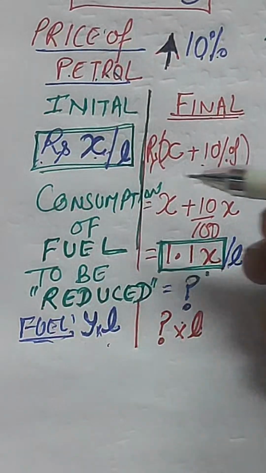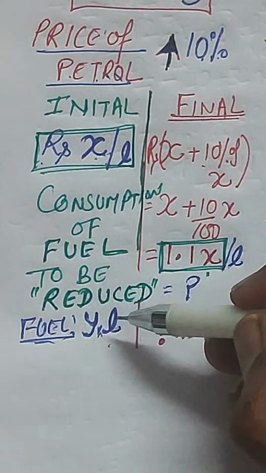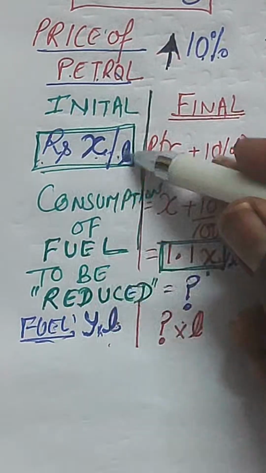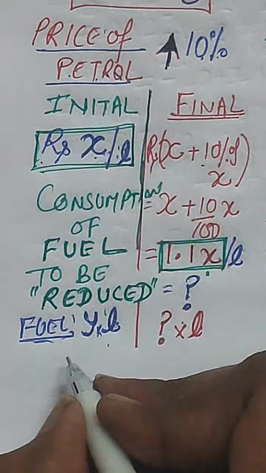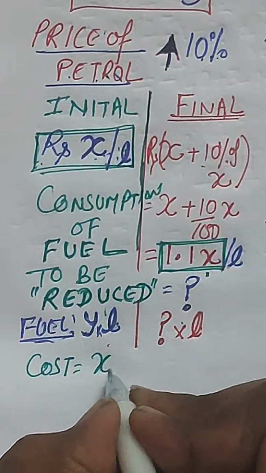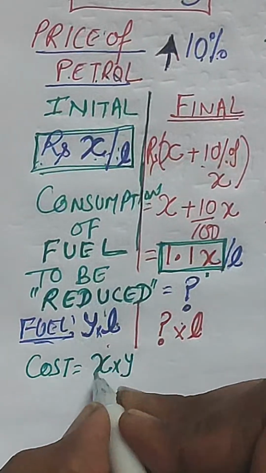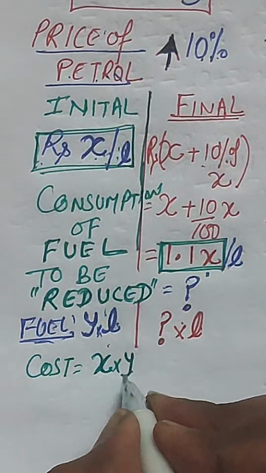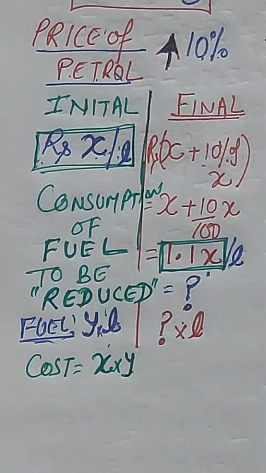Now if initial consumption is y liters, then the total cost is x into y. This is the cost per liter and this is the liters of consumption, so x into y.